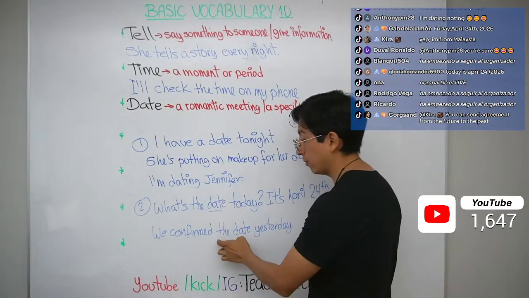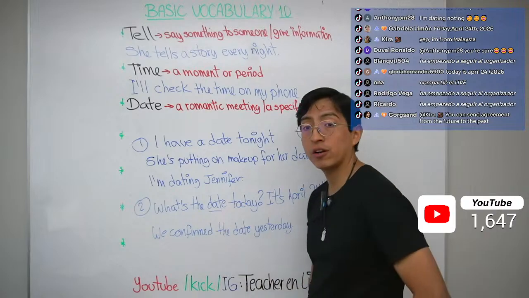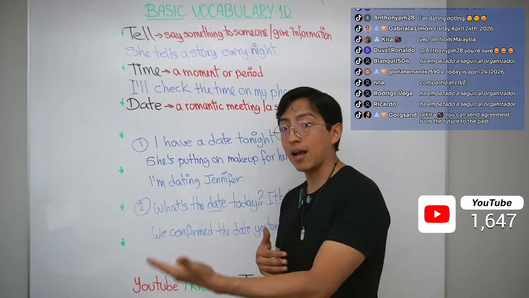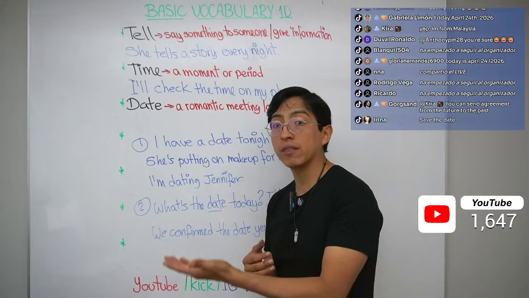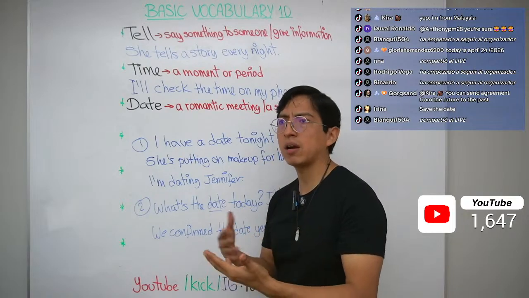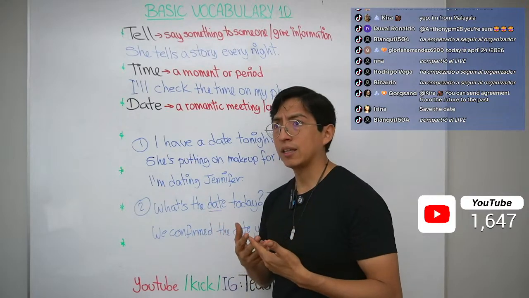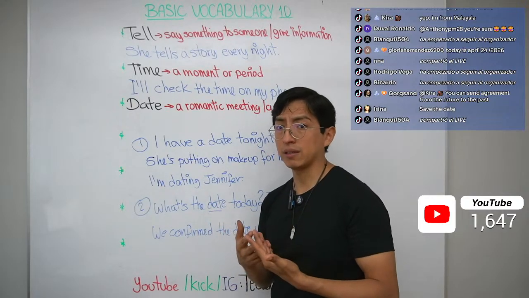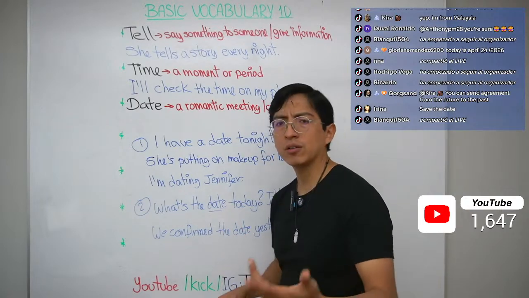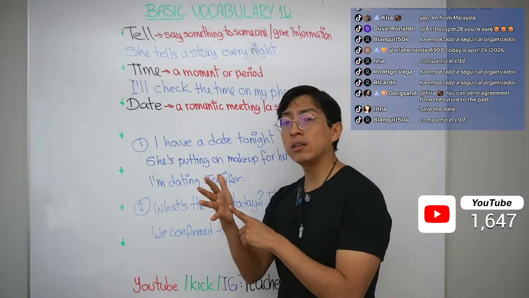Or maybe you agree to have a meeting with a business partner, right? So you are doing business together and you agree to have a meeting. So you have to confirm the date. Maybe you can say, hey, are you free on April 30?